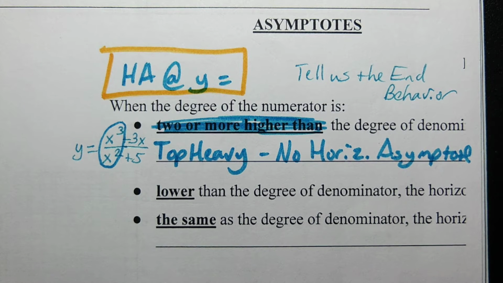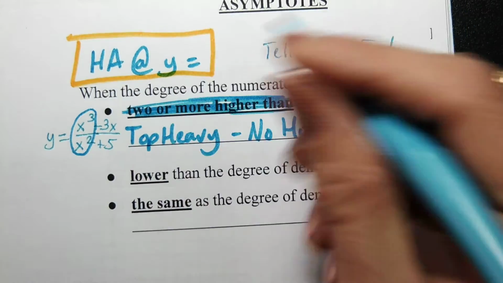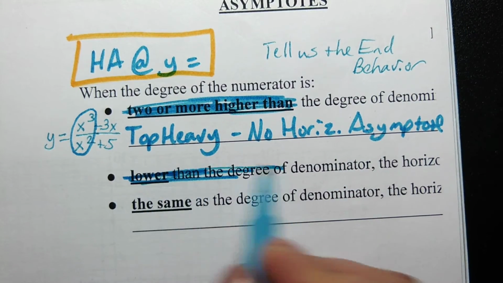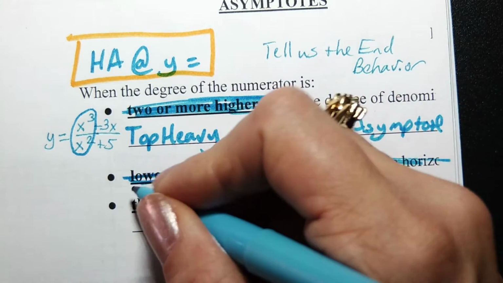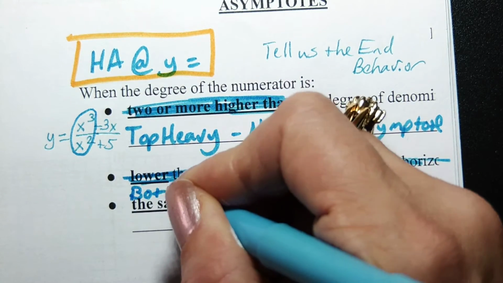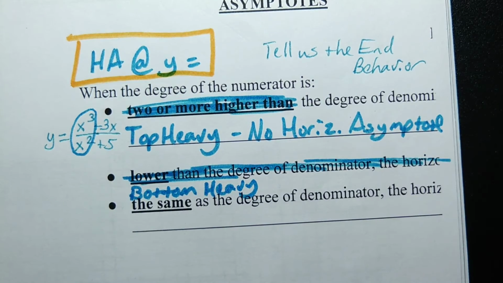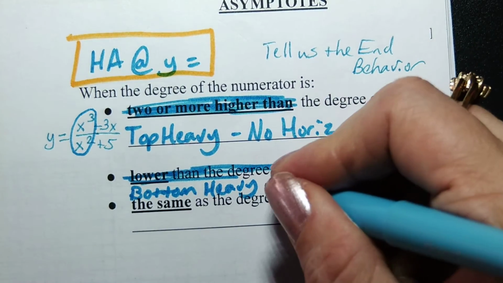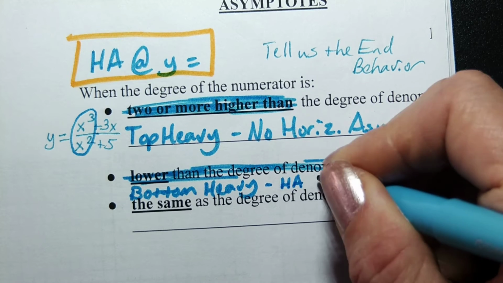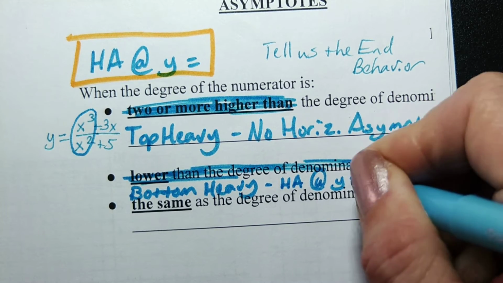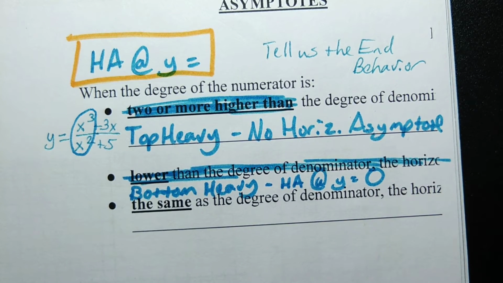If the degree of the denominator is higher, I'm going to cross that off. I just want you to write bottom heavy. So if the bottom degree is larger, then we will have a horizontal asymptote at y equals 0, automatically.